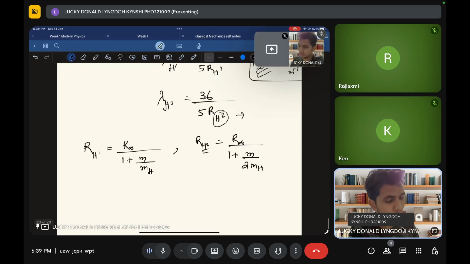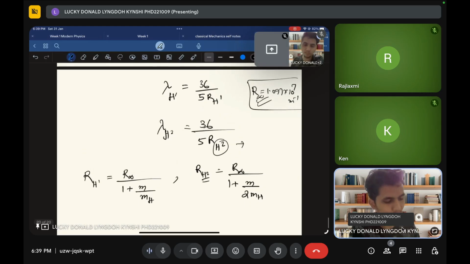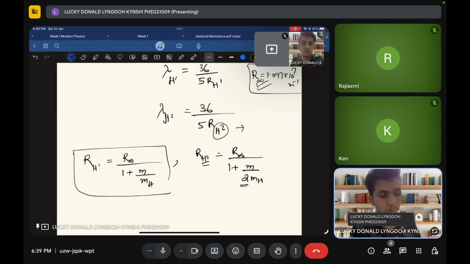Instead of using R infinity, you cannot use it because there is also a reduced mass coming into the picture. So that is why you have to introduce R_H, which is given by this formula. R_H1 is simply R infinity times 1 plus m divided by the mass of the hydrogen. R_H2 is equal to R infinity times 1 plus small m divided by 2 times the mass of the hydrogen, because there are two masses.